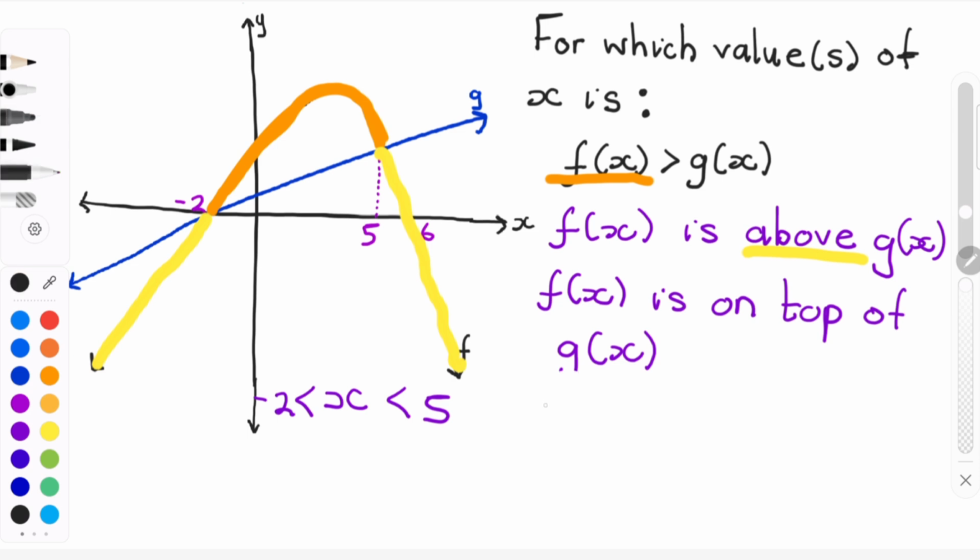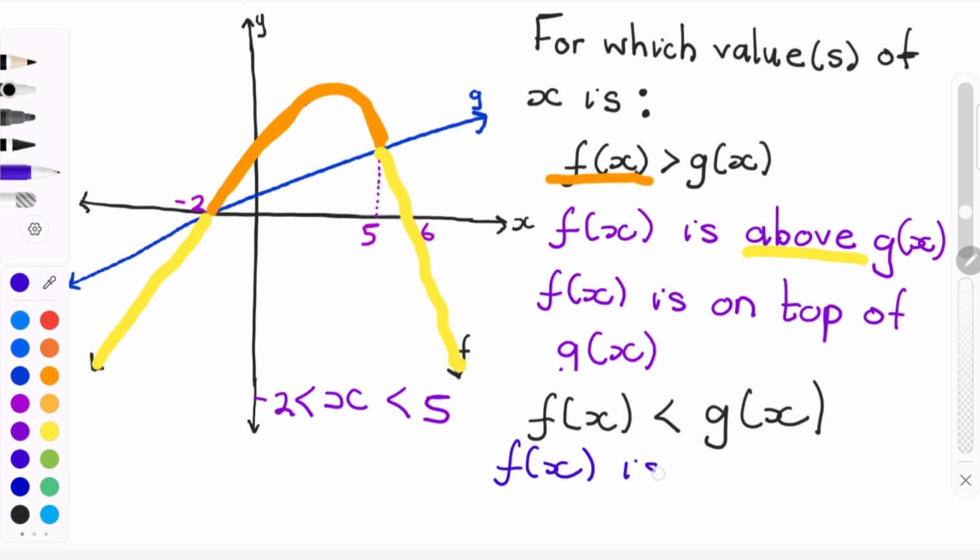If we wanted where f of x is less than g of x, this means that f of x is below g of x. Now, where would f of x be below g of x?